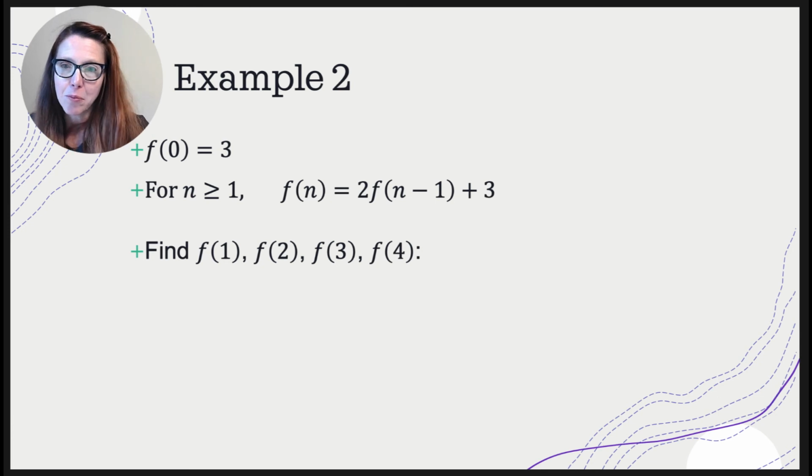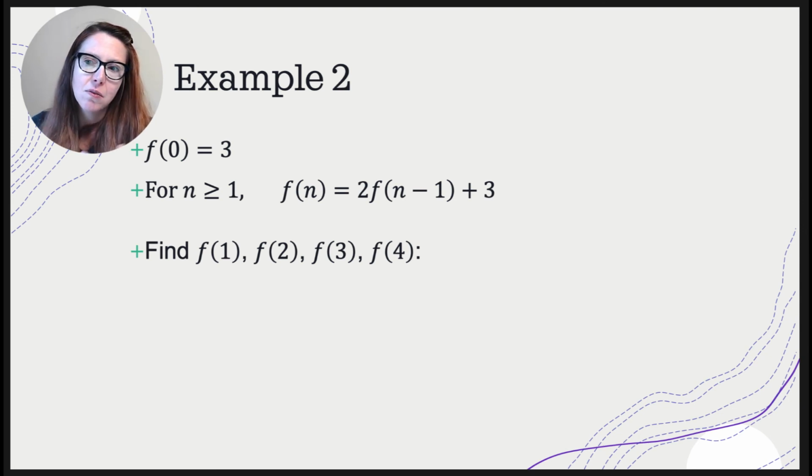In our second example, we'll see that we have another recursive definition for a function, but this time it's not necessarily one that you've seen before. So f of 0 is set to 3. And for every n greater than 0, we see that f of n is defined as 2 times f of n minus 1 plus 3.